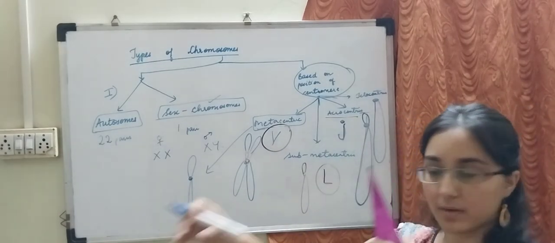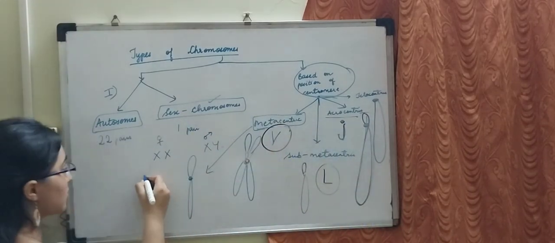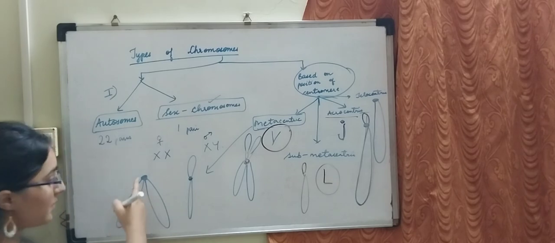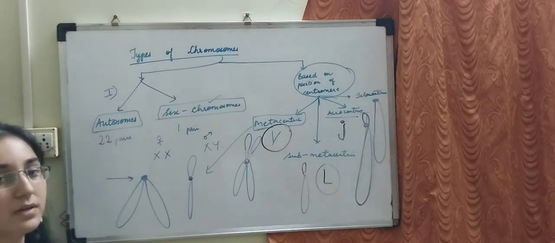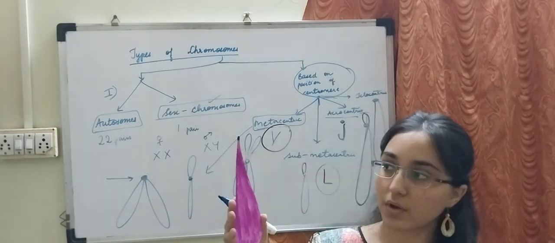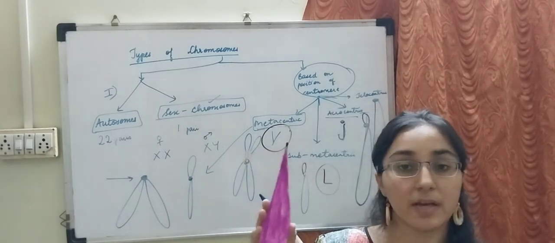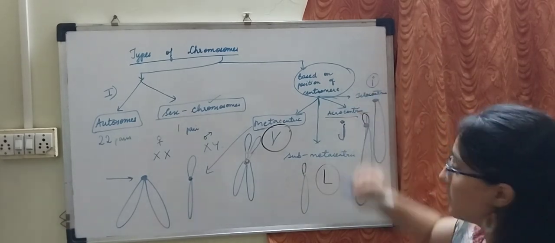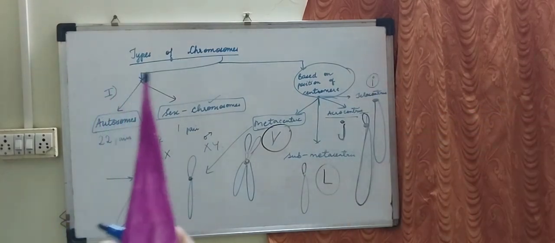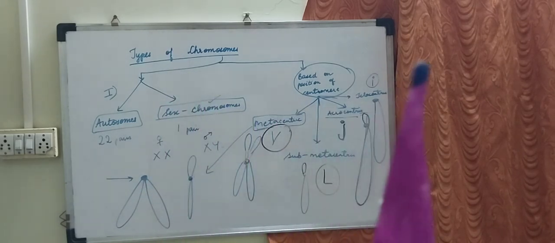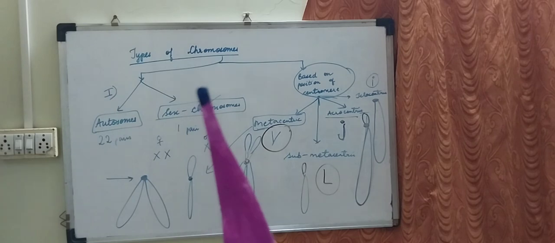The centromere will be at the end of the chromosome, like this. So this is telocentric, and it looks like an I shape. See, the centromere is at the end.